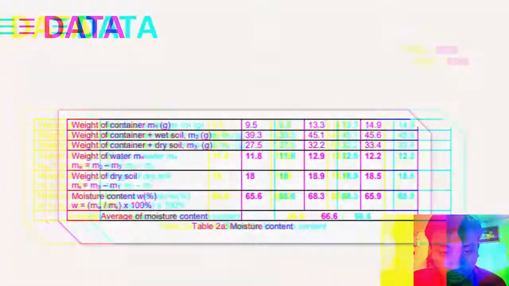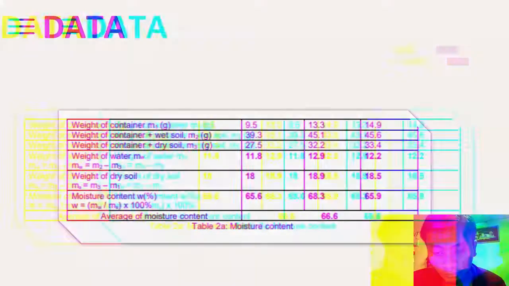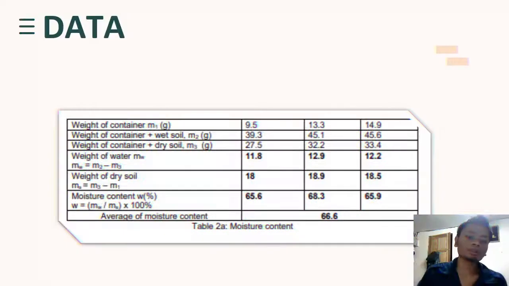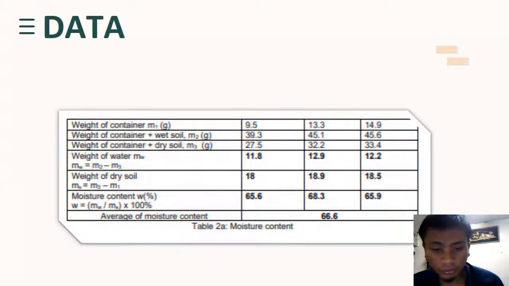The weight of container with dry soil equals 27.5, the second is 32.2, and the last is 33.4. For the weight of water we use M2 minus M3. For the first we have 11.8, the second is 12.9, and 12.2. For the weight of dry soil we have 18, 18.9, and 18.5.